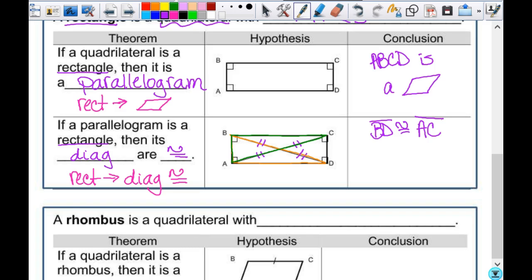But because that's true along with the bisecting part, I have to put another letter in here to make this happen. We're going to call that point E. Then I know that line segment BE is congruent to line segment ED, which is congruent to line segment AE, which is congruent to line segment EC.